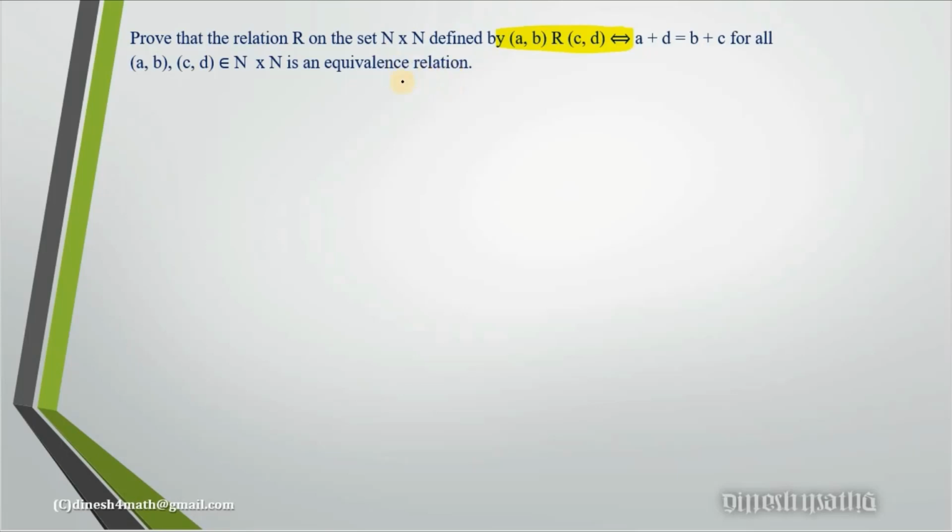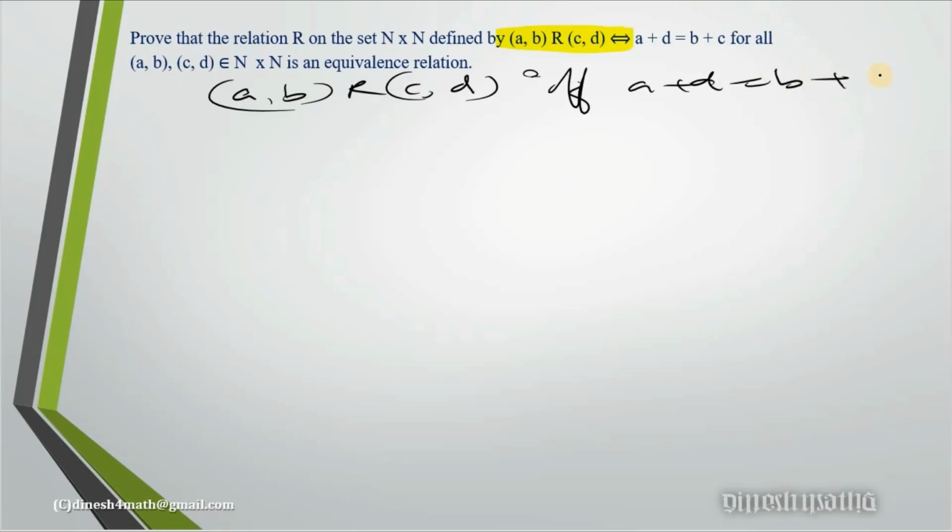So the first thing I do in these questions is, (a, b) related to (c, d) if and only if a plus d equals b plus c. If you notice here, the first element is (a, b) and the second element is (c, d). So in the beginning itself, I will make a small change like this: a minus b is equal to c minus d.